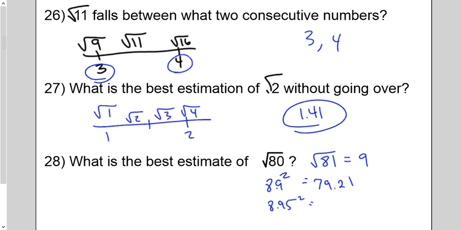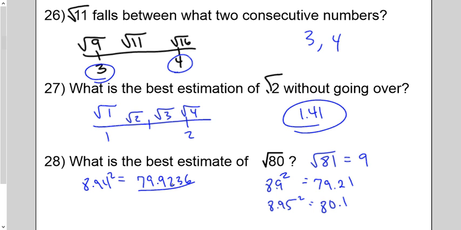would turn out to be 80.1. So that's just a little too big. So then maybe you try 8.94 squared. Well, 8.94 squared is 79.9236.